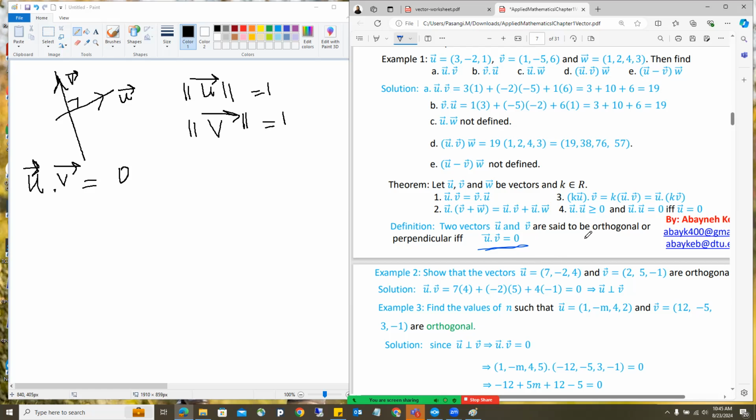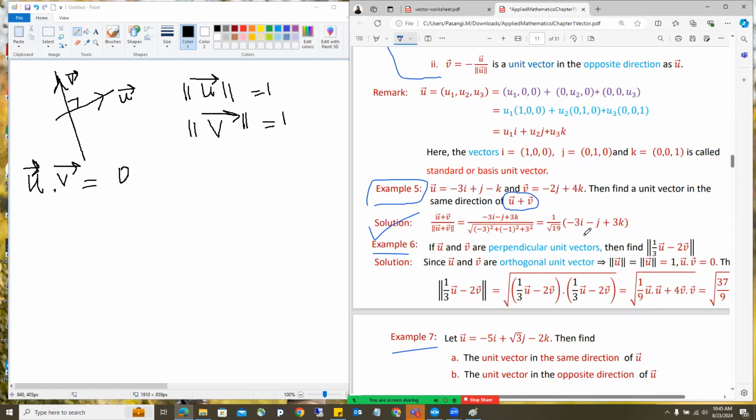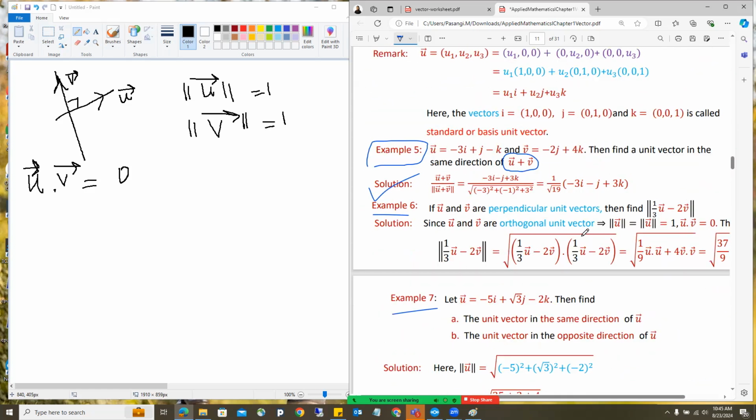So here also, if these two unit vectors are perpendicular, the dot product is equal to 0. But for these two separate vectors, the magnitude of each separately is equal to 1. Is it clear how we think up to this point?